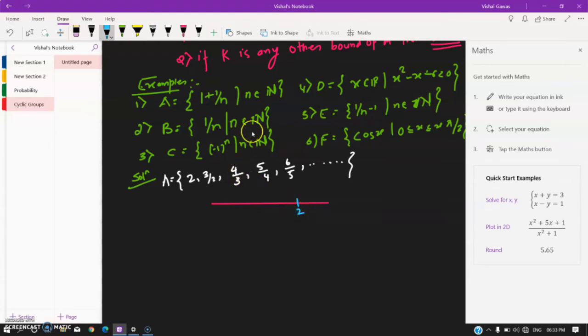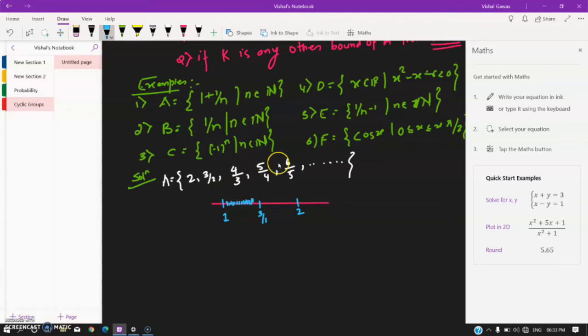And then I go to exactly the midpoint of 2 and 1, that is 3 by 2. And then I start getting closer and closer to 1. Right? All these numbers are bigger than 1, right?